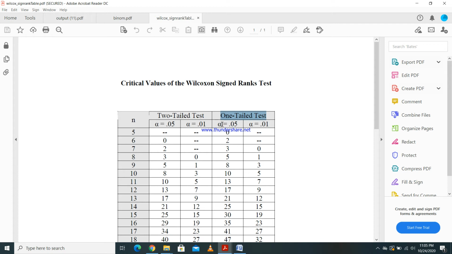Let's say our sample size is 8 and alpha is 0.05. For a one-tail test, the corresponding value would be 5. If the calculated test statistic value is less than or equal to this table value, we are going to reject H naught.